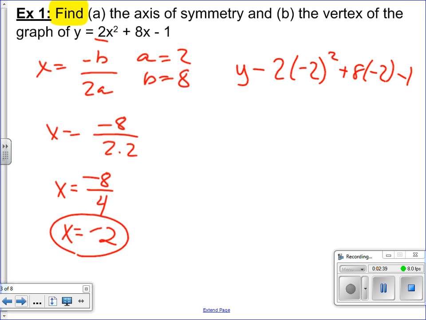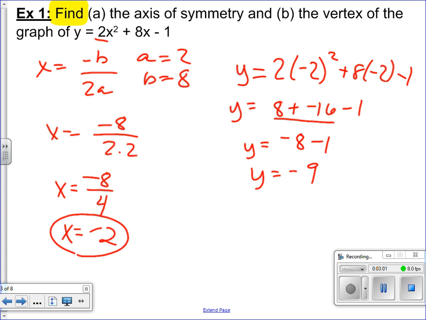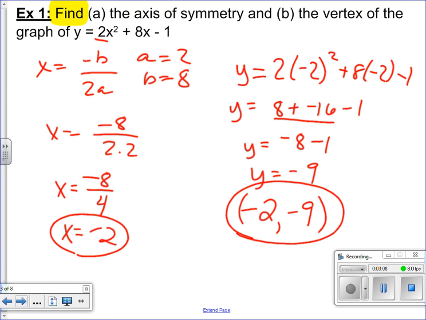So y equals negative 2 squared is 4, and 4 times 2 is 8, plus negative 2 times 8 is negative 16, minus 1. So we have negative 8 minus 1, and y is negative 9. Therefore, the vertex is negative 2, negative 9, because when we find the axis of symmetry, that's also the x value of the vertex.